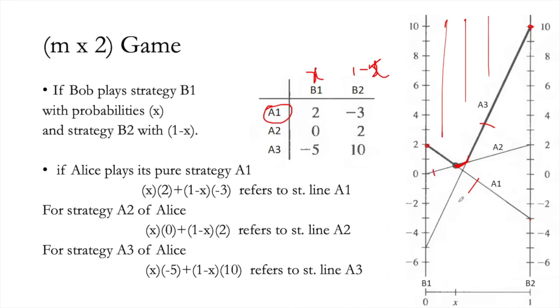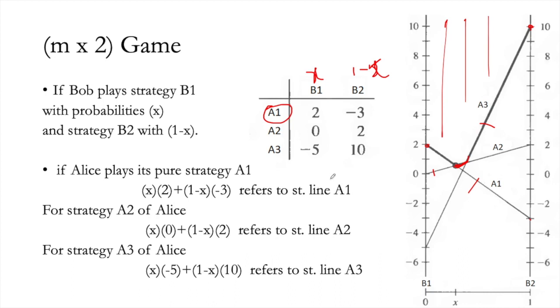There are 4 intersections. Out of these 4 intersections, the lowest intersection is this one, and this is the intersection between line A1 and A2.